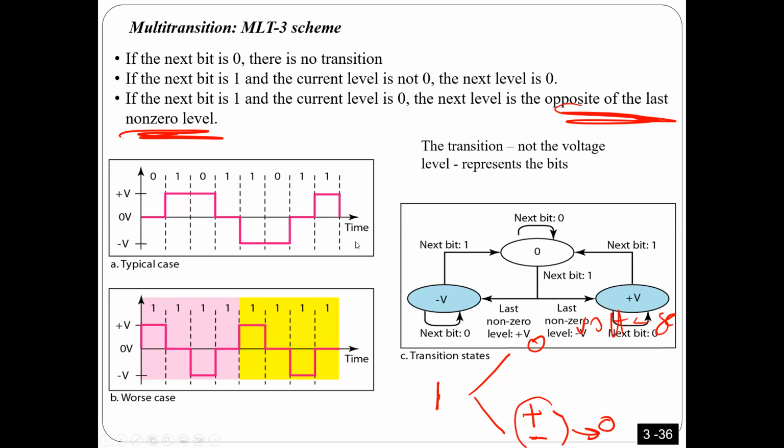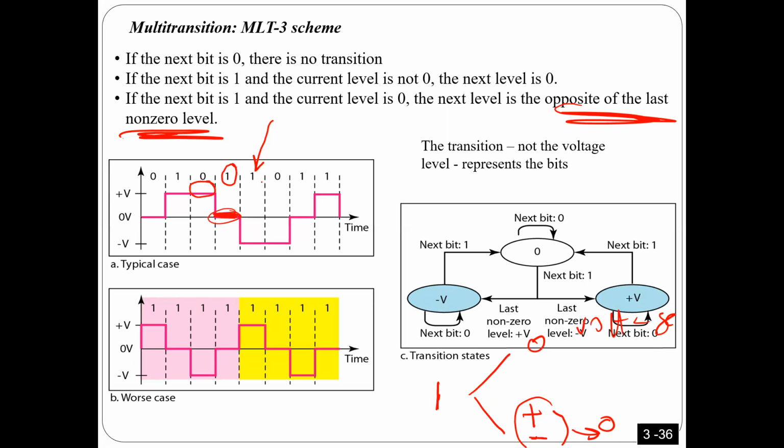Let's see this example. If you look at this one, I told you, because this one is positive or negative, this is positive, so I have to bring it to 0. Is that okay? Let's see another one. This one is 0, but the voltage here is 0.